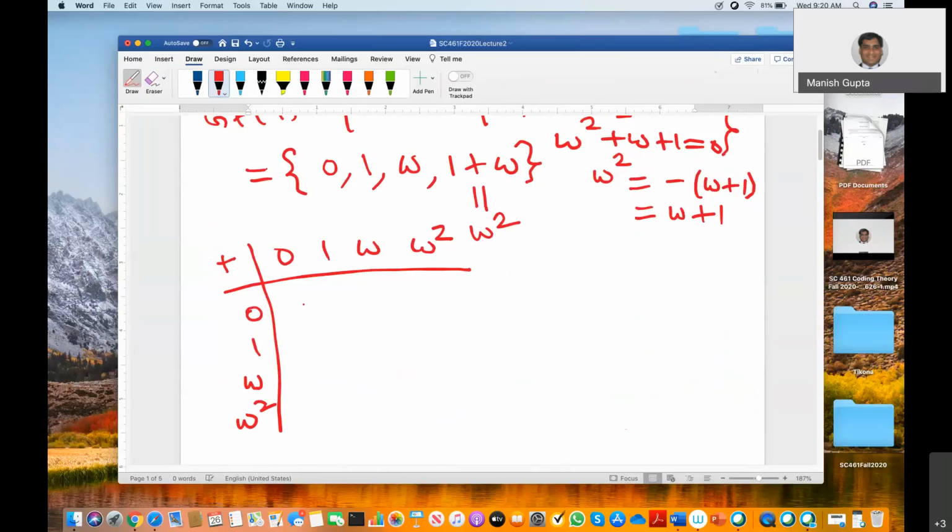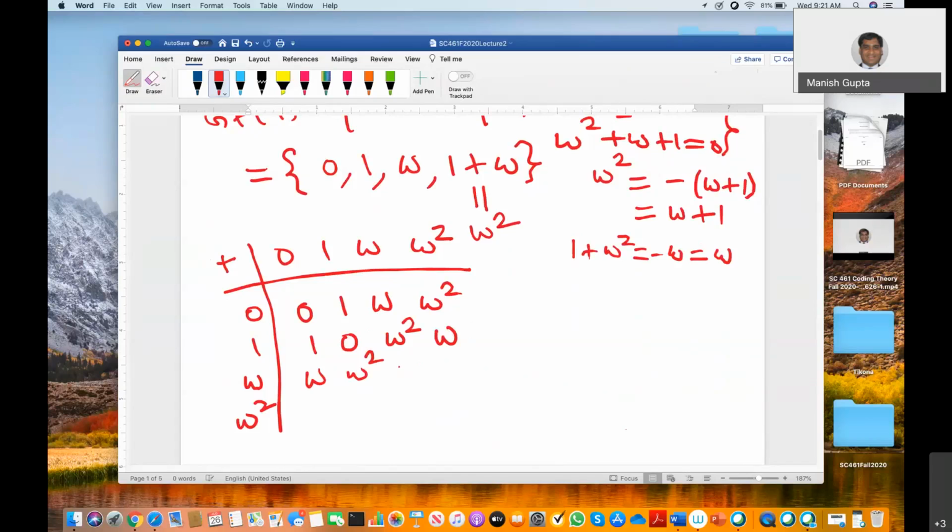So 0 plus 0 is 0, 0 plus 1 is how much? 1, omega, omega square. 1 plus 1 is 2, modulo 2 it is 0. 1 plus omega is the same thing as omega square. 1 plus omega square is what? It is omega, because you can check that 1 plus omega square is equal to minus omega, which is the same thing as omega. Omega plus 0 is omega. Omega plus 1, 1 plus omega, is omega square.